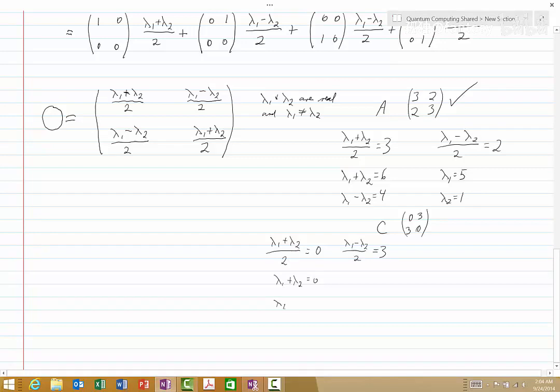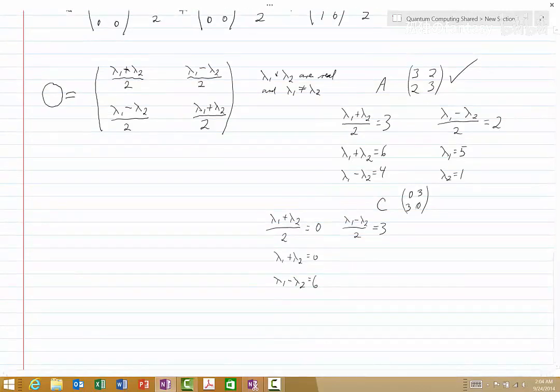and the second equation implies that lambda 1 minus lambda 2 is equal to 6. If we add those together we get 2 lambda 1 is 6, or lambda 1 is equal to 3, and therefore lambda 2 would be equal to negative 3.